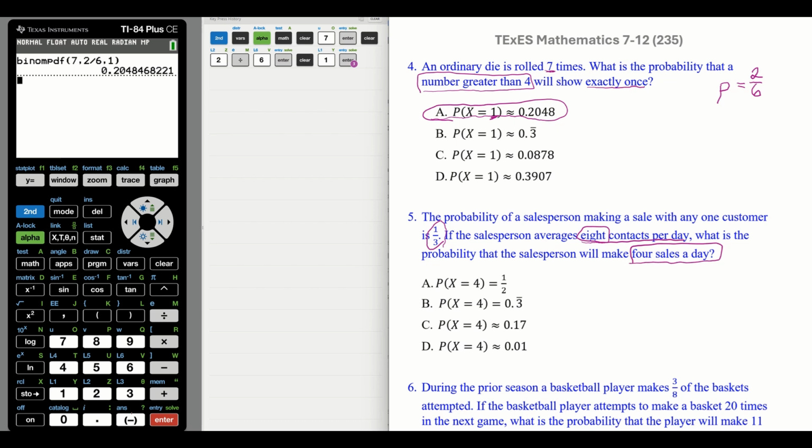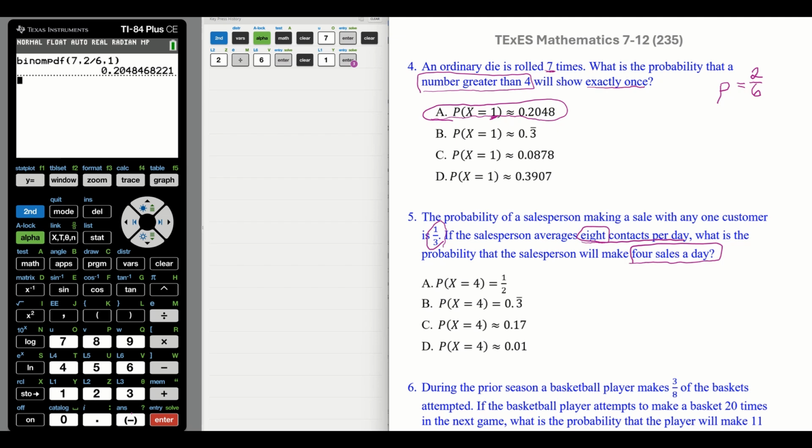Okay, so let's go back to the 1/3. What does this mean? One person or 3 people walk into the store. He's probably going to sell. He averages a sale of one person out of every 3 he talks to.